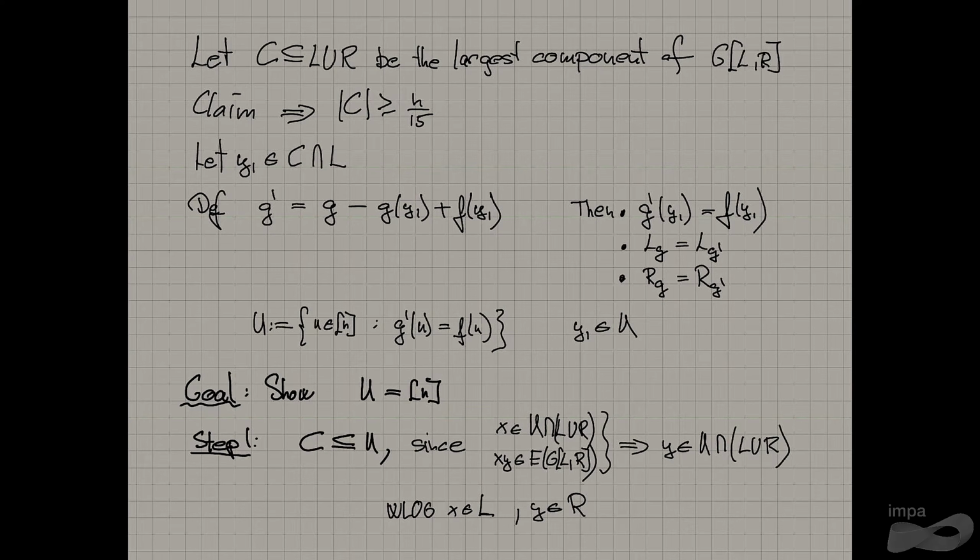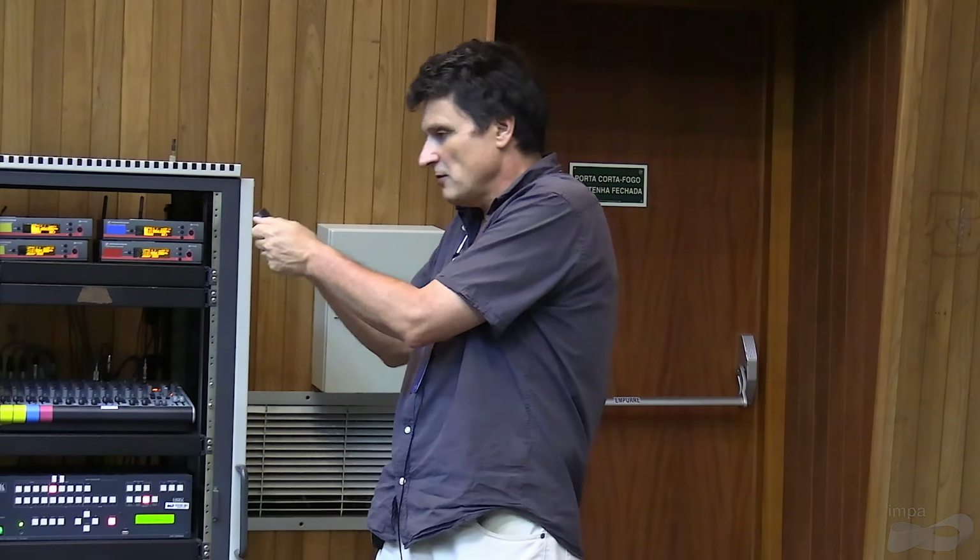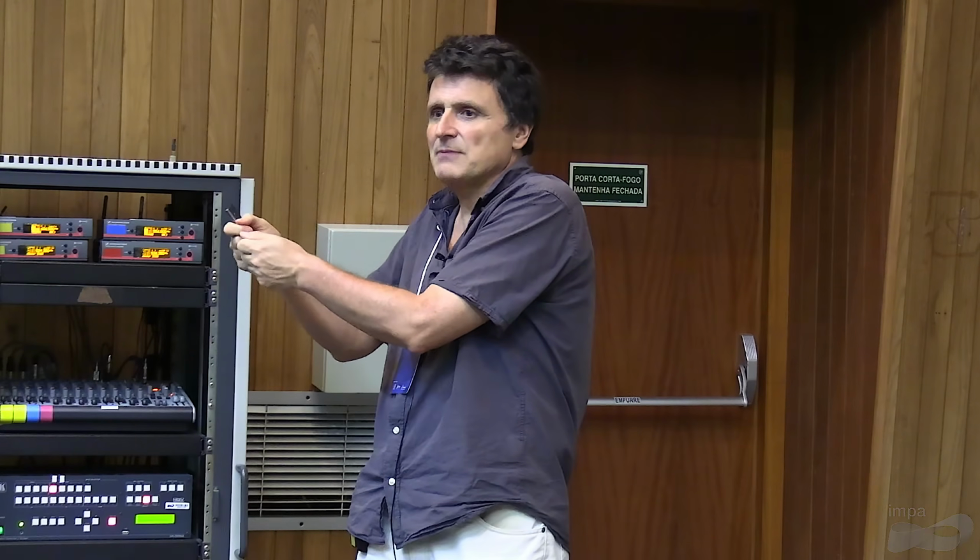If you have, for example, some neighbors of this vertex y1 on the left side, it has some neighbors on the right side in this component, then those vertices should also be agreeing. Why? Because I know that this is on the left side for both functions, so it means that for each of the neighbors, I must go to the right and not to the left. So they will also agree in the value in the neighbors.